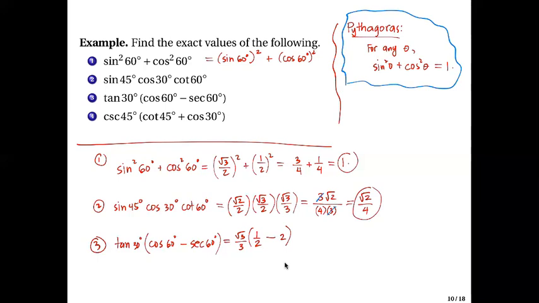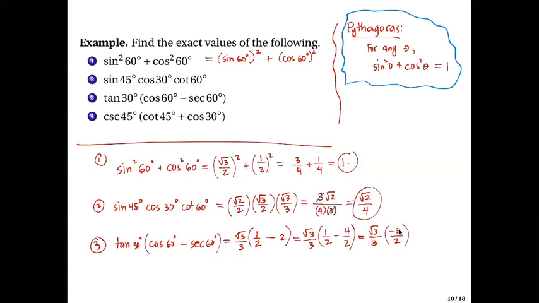So if we simplify this, you have square root of 3 over 3 times 1/2 minus 4 over 2. 4 over 2, that's equal to 2. So we will get square root of 3 over 3 times negative 3 over 2. 1 minus 4, that's negative 3.